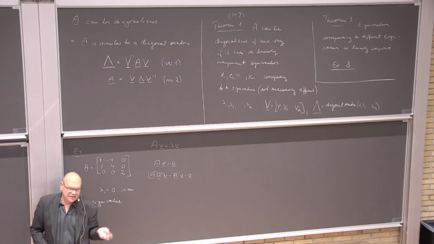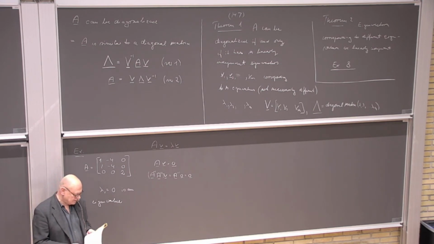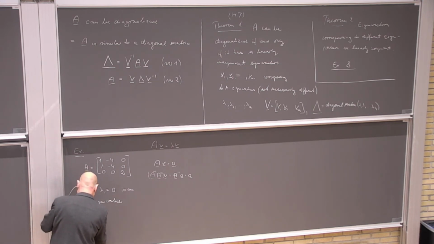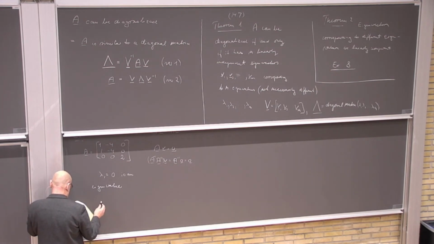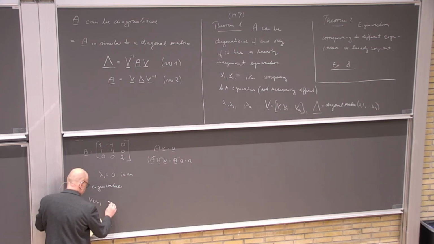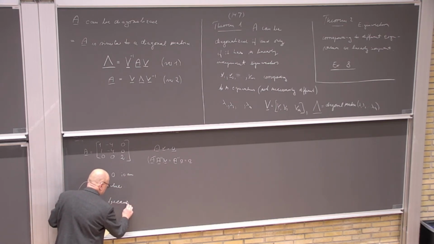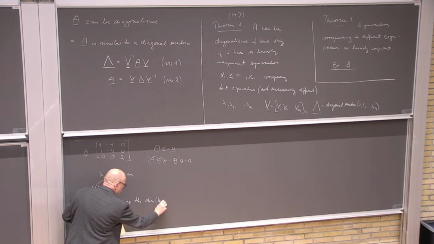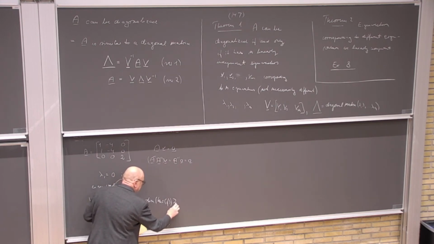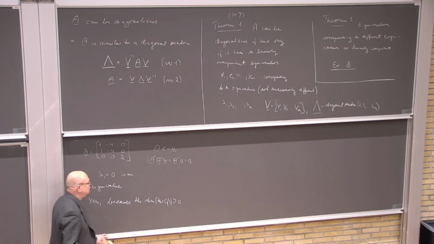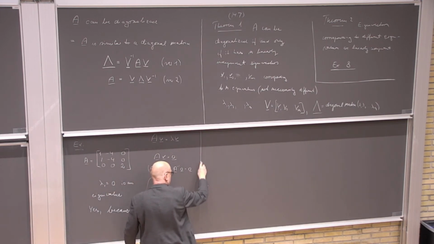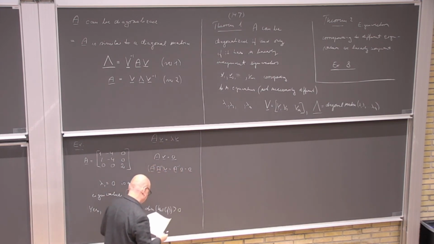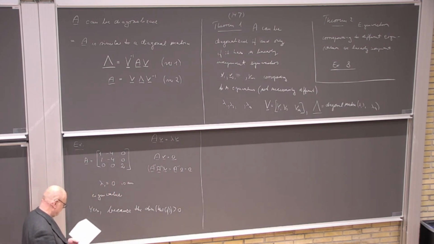Then the eigenspace corresponding to lambda is more than the 0 vector. So it is because the dimension of the kernel of f is greater than 0.